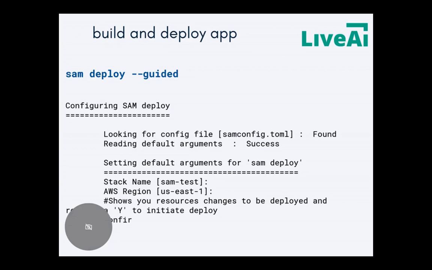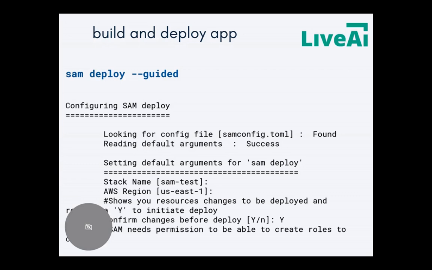You're giving the permission to SAM; otherwise it cannot create any resources in AWS if you haven't given SAM the role creation permission. So you should always put yes. Otherwise you have to attach other AWS policies so that it can work properly.